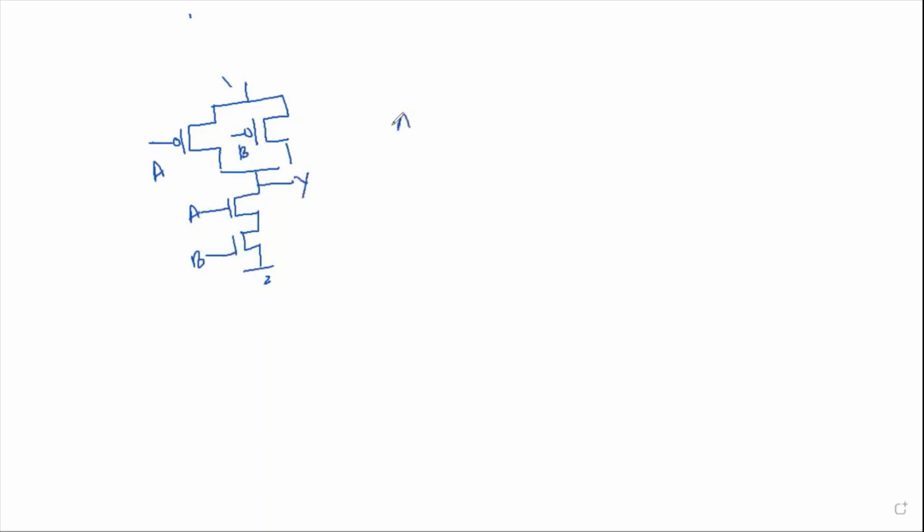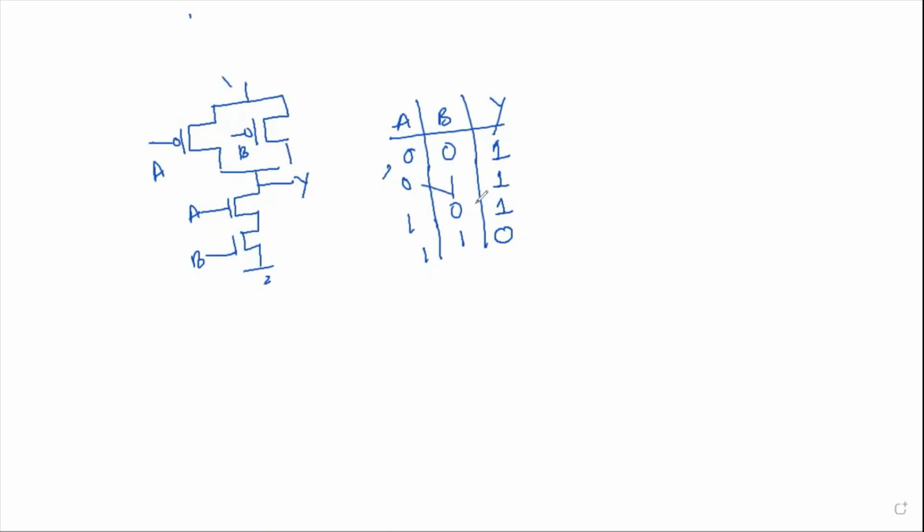So if we see the structure of a NAND gate and the truth table of the NAND gate, what does it imply?